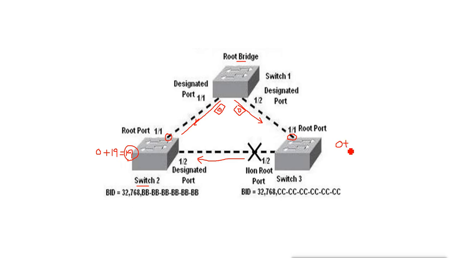If it is 100 Mbps, then again it will add 19 here, so for this switch it will cost 19 to reach the root bridge. Now when it sends this BPDU to switch 2, it will send 19.